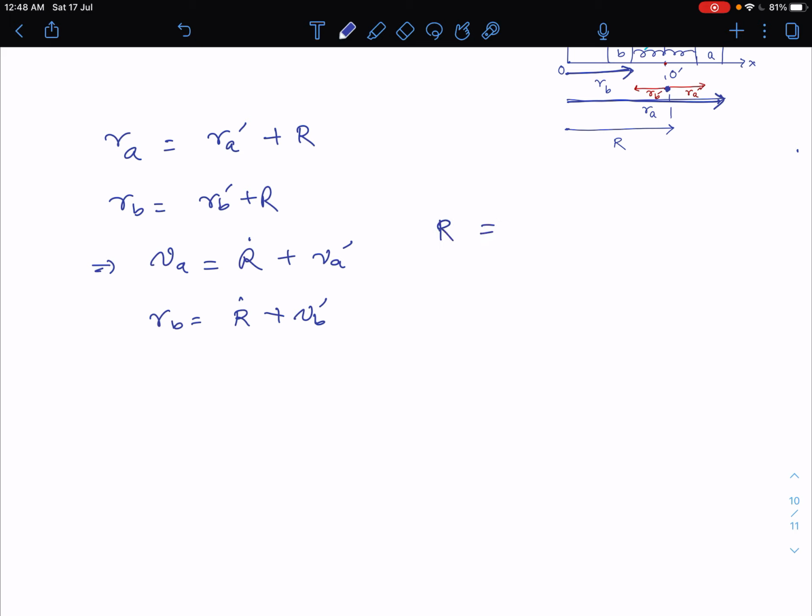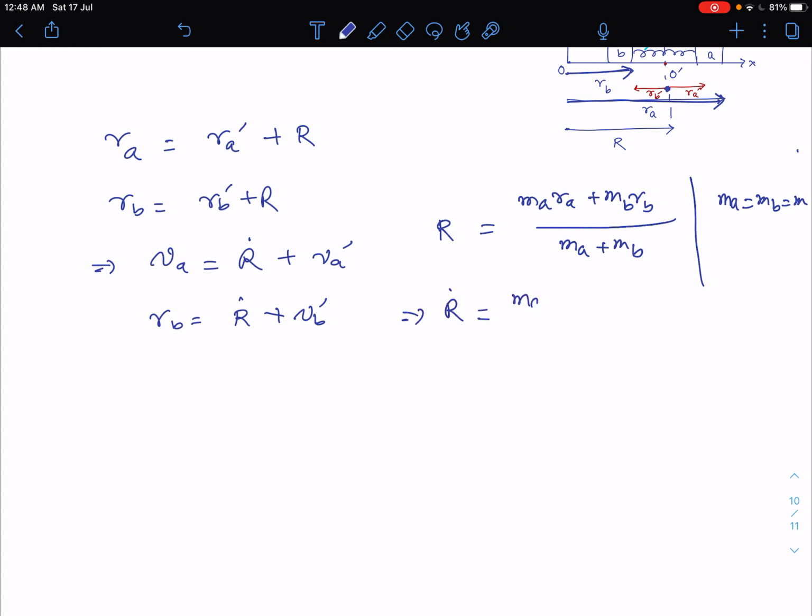So what is R? R is just MA RA plus MB RB by MA plus MB. In our case, MA equals MB equals M. So what is R dot?